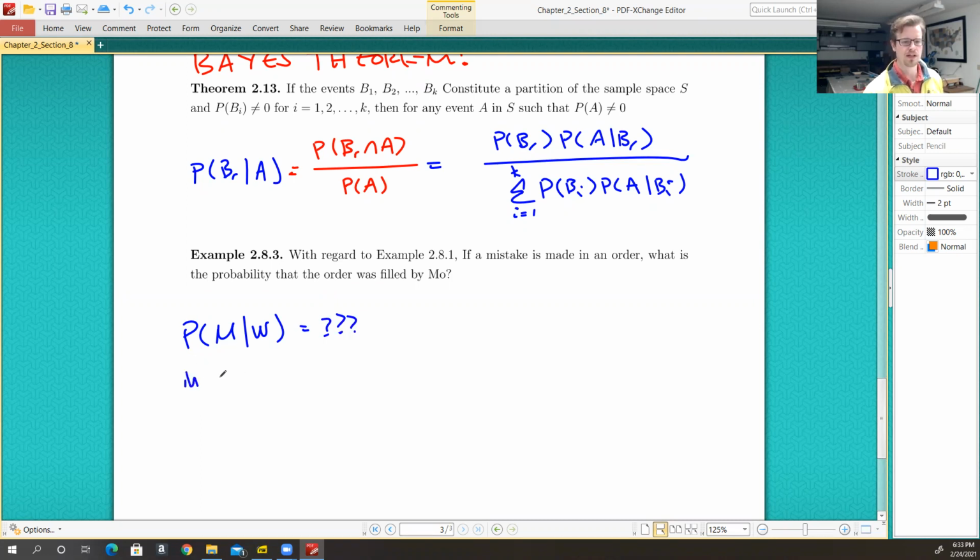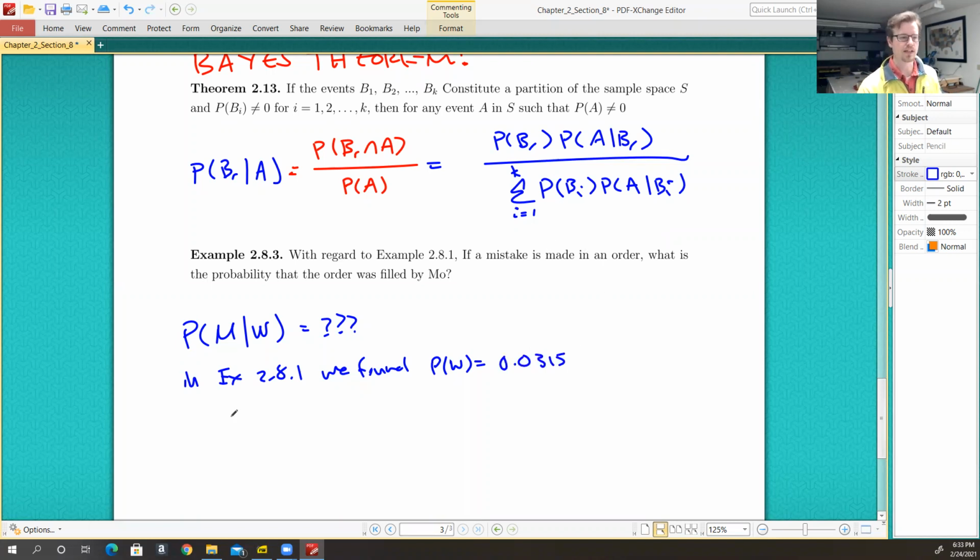All right, so this is what we're trying to find. In example 2.8.1, we found the probability that there's a mistake made as the sum from i equals 1 to 3. Well, no need to write it in this notation. We already performed this calculation, and we found that to be 0.0315. So we already found that probability.